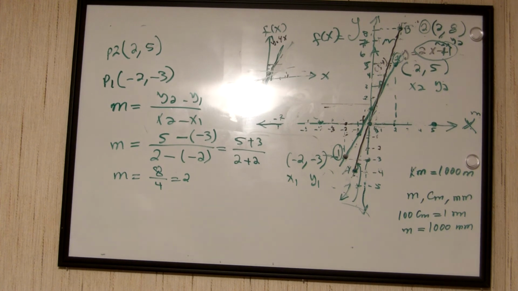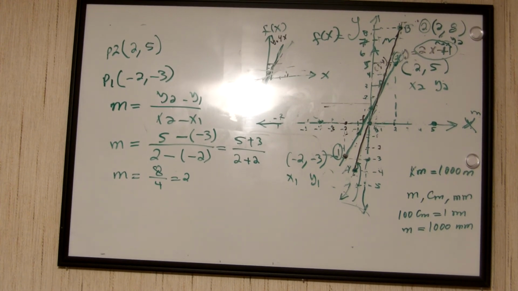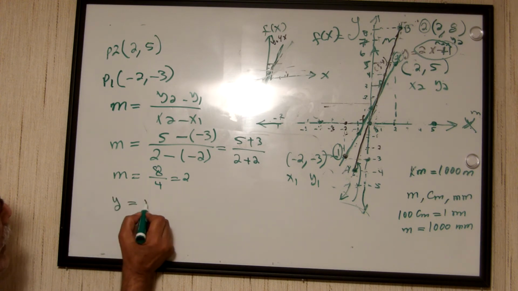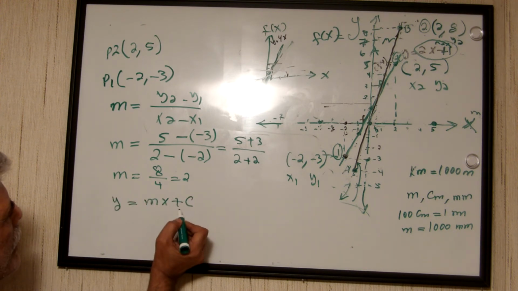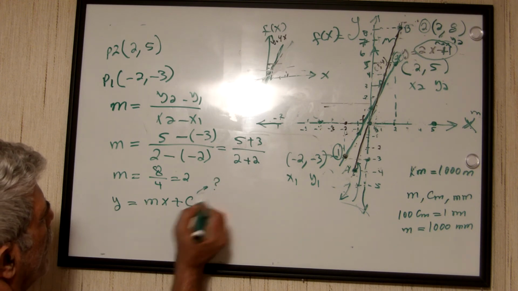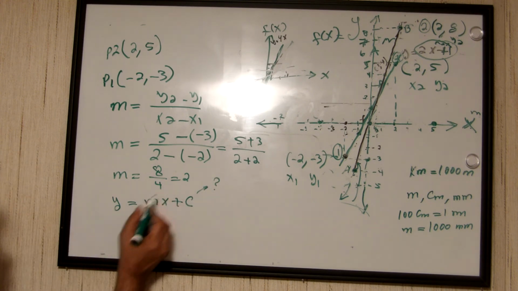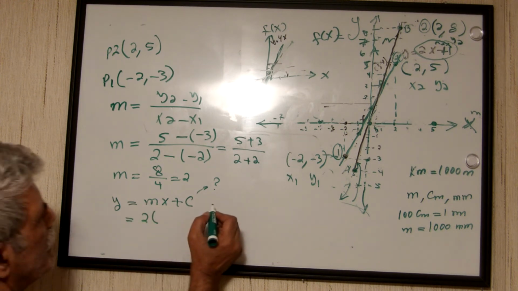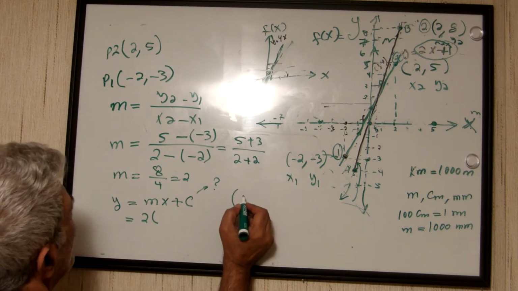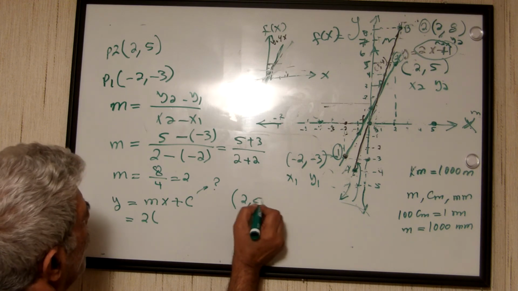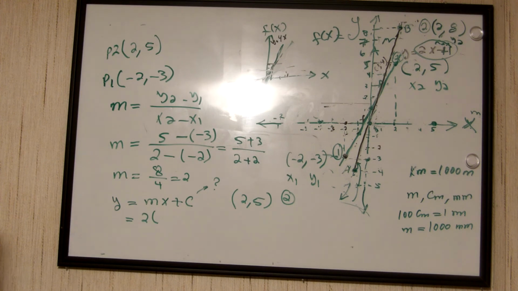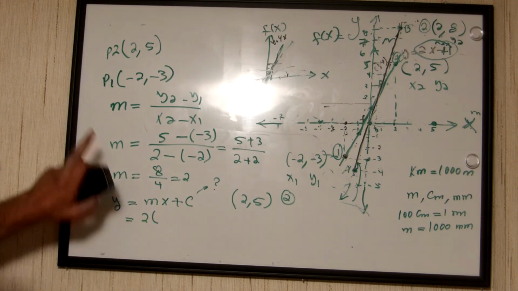So the equation of this line is going to be y is equal to mx plus c. We are going to find c. How much is c? We just found out m is 2. And then we choose one of the points, like (2, 5), point 2. We can choose point 1 as we talked about earlier, no matter what point we choose, we put the x value and y value in there.